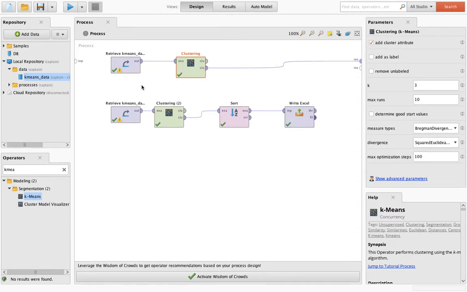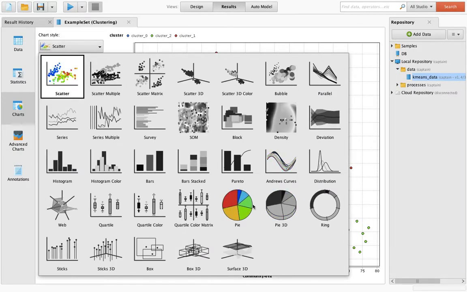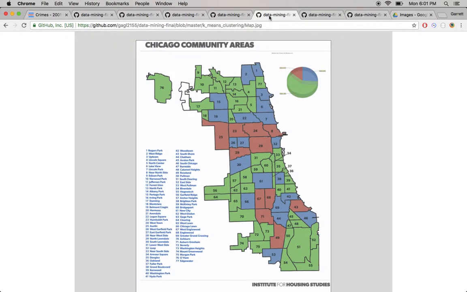We basically read the data, used a clustering tool from RapidMiner, and this is our results that it produced. We have a scatter plot with all the communities and their number of crimes, as well as the pie chart. And with all this information, we learned that there are two distinct pockets of crime in Chicago, and with our clustering method, we were able to understand that there are kind of three different levels of how crime occurs within each community.